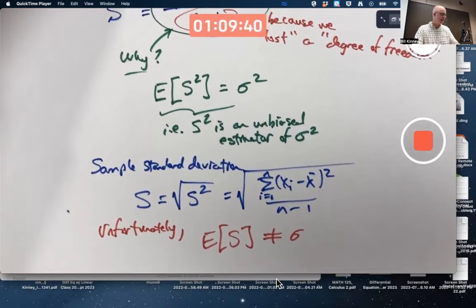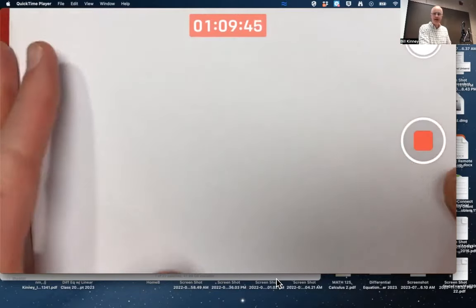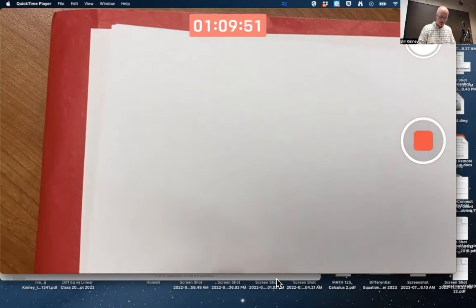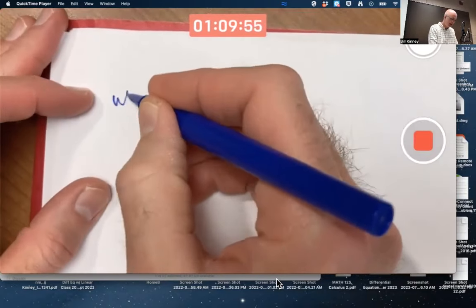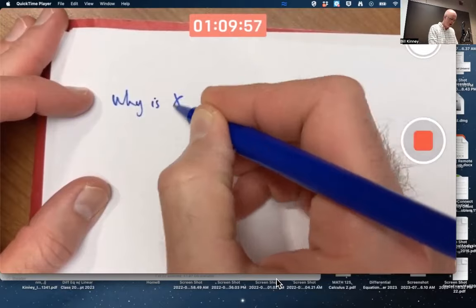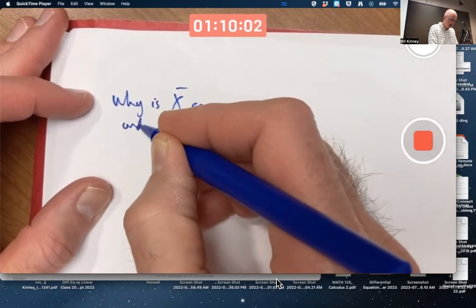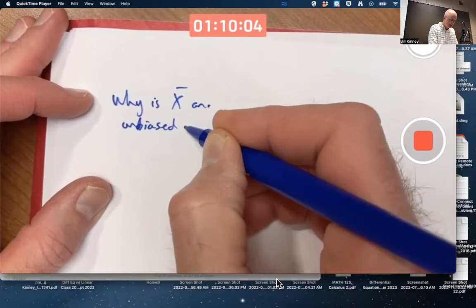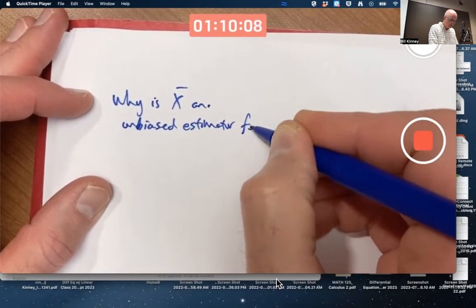But let's end by going in a little bit more depth on chapter 7. In fact, let's end by, for example, proving that X bar is unbiased. Why is X bar an unbiased estimator for mu?